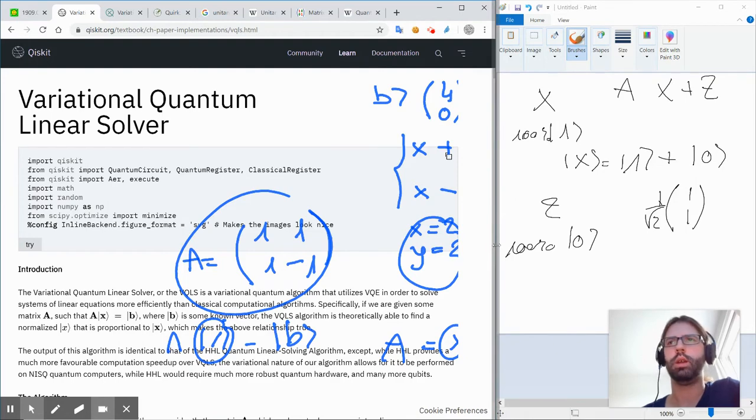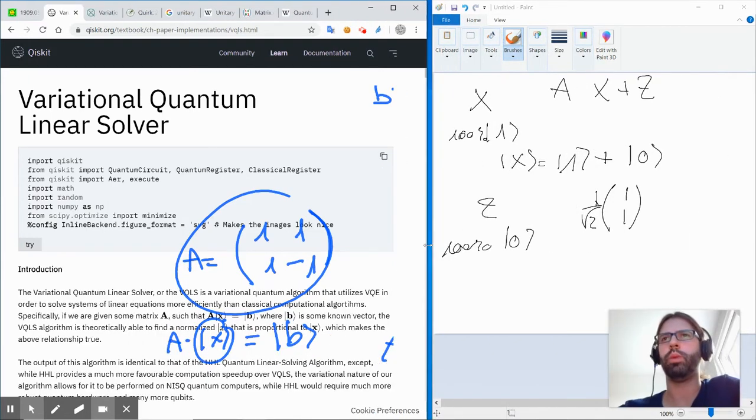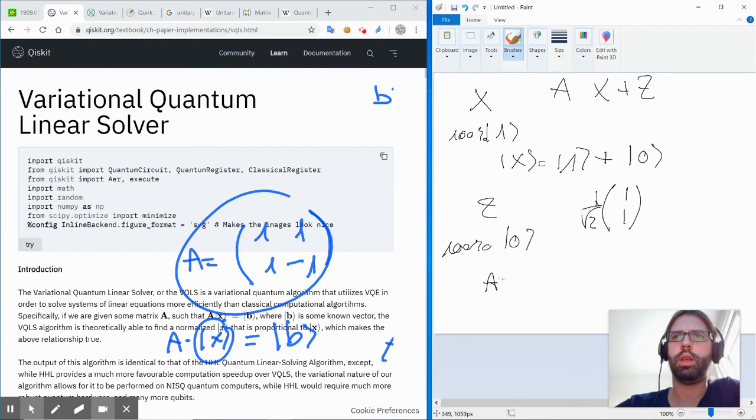So what this is telling me is that A times this, which is the plus state, is not equal to B definitely, because B has got the 4.